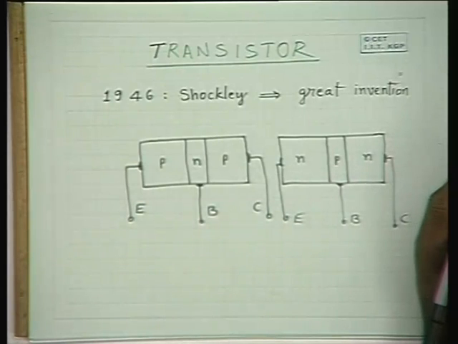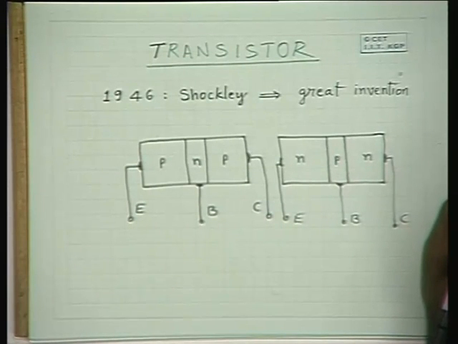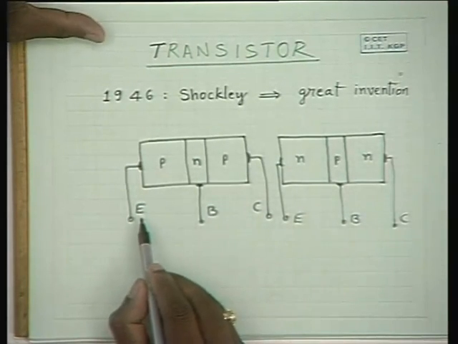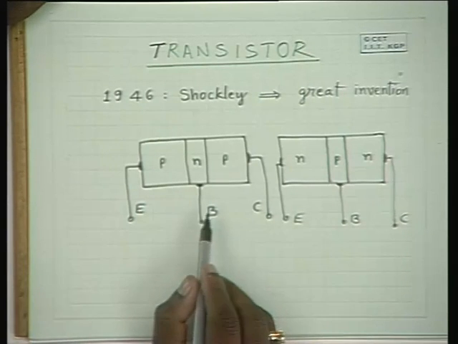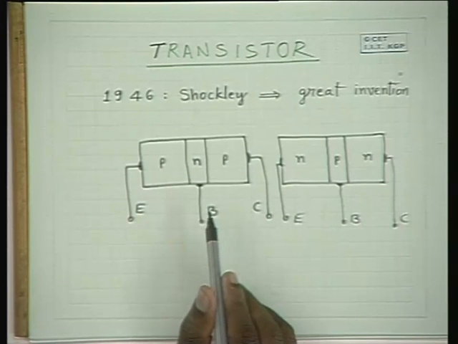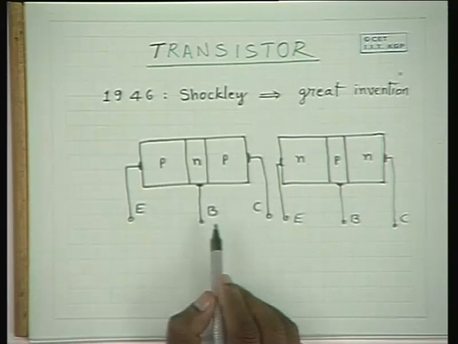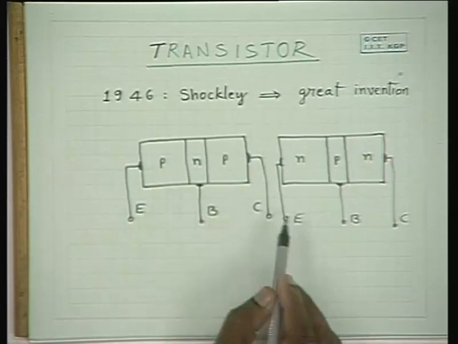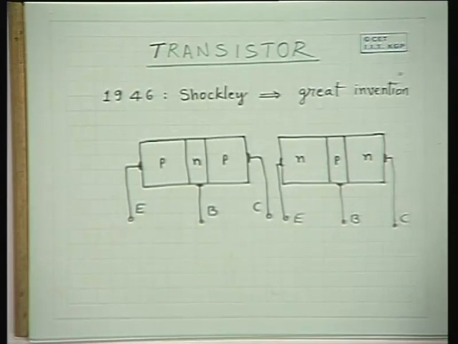With 3 terminals you can have 2 independent ports. Between emitter and base can be used as an input terminal, and emitter and collector can be used as an output terminal, or emitter and base can be used as an input terminal, base to collector can be taken as an output terminal, and so on.